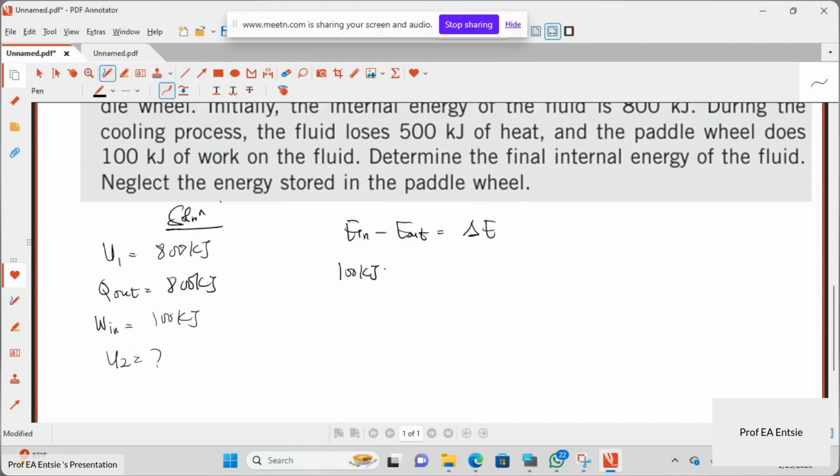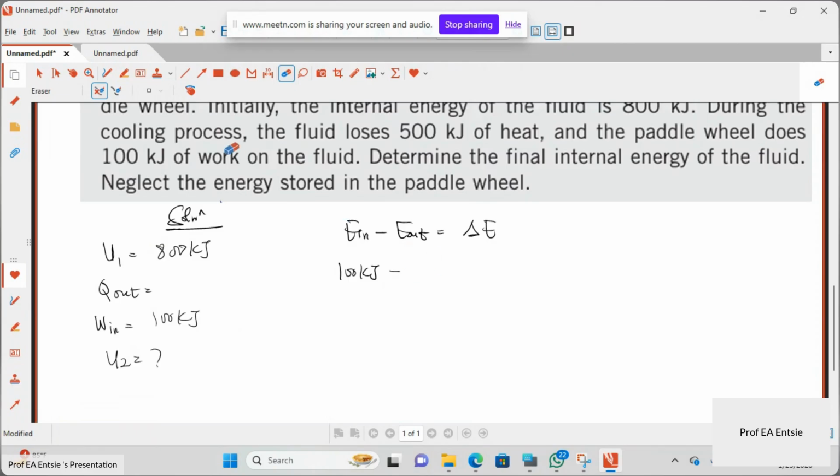Do you have any other work input? No, that's all. Then the energy output, which is heat, minus 500 kilojoules. The heat output is 500.